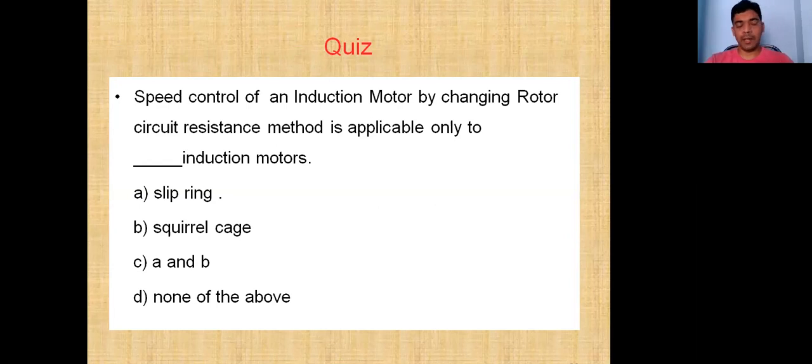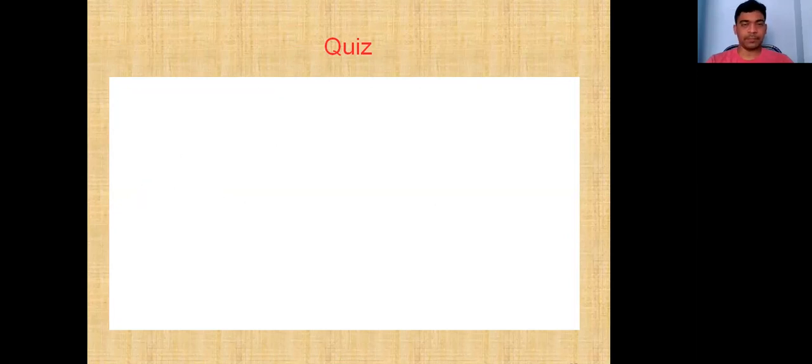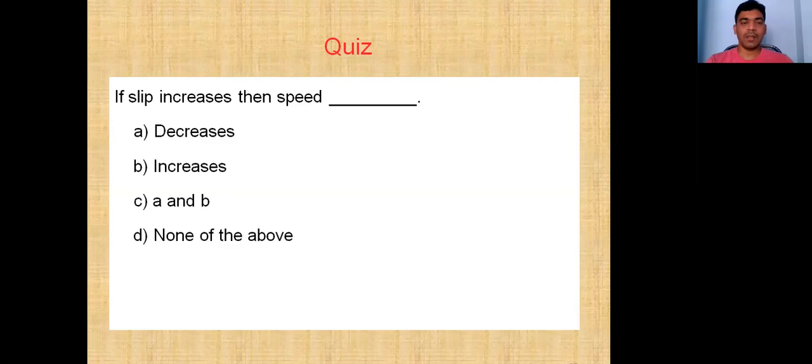Then the slip ring induction motor is the only motor applicable. If slip increases, then speed decreases, because the formula is N = Ns(1 minus s). Slip increases, speed decreases.